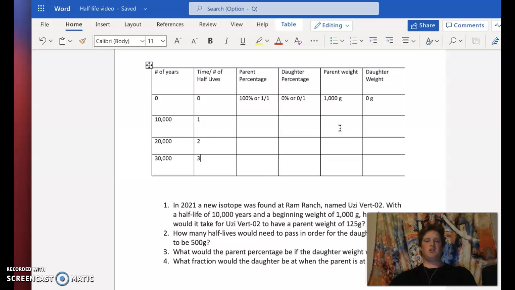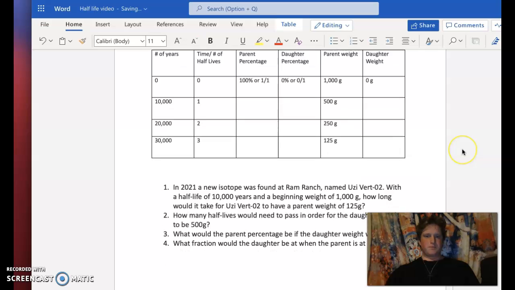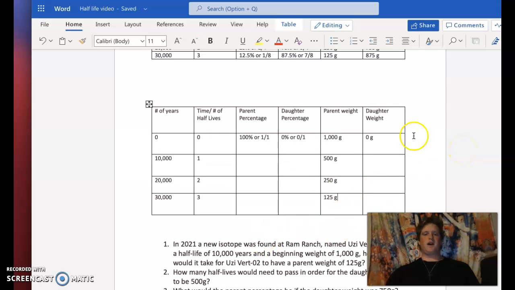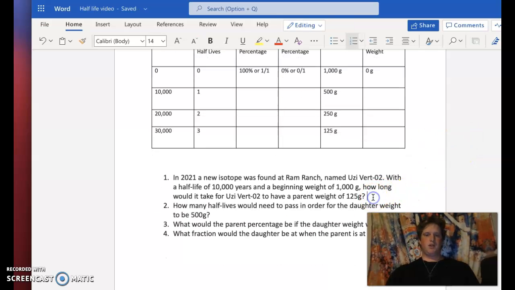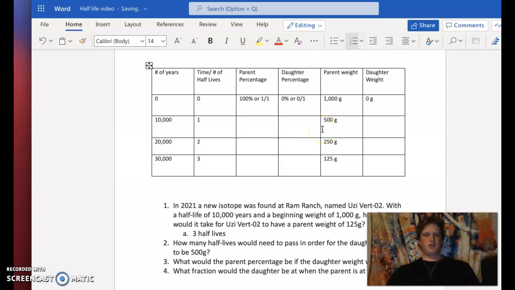The second one would be 250, so we'll go 500 grams, 250 grams, and then this last one would be 125 grams. So the answer to that question would be 3 half-lives in order for us to get to 125 grams for the parent weight.